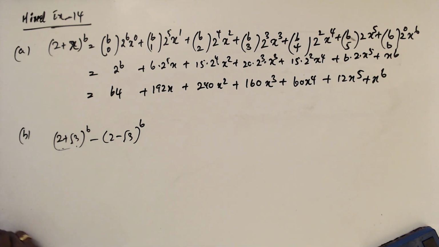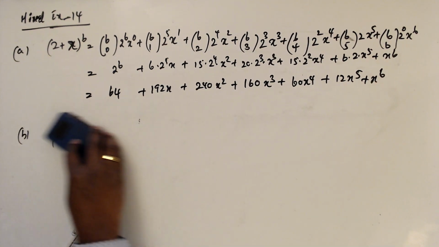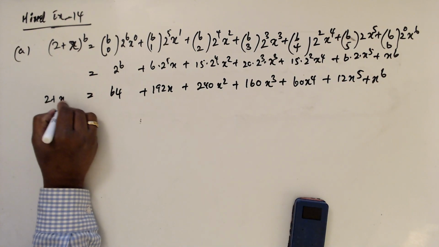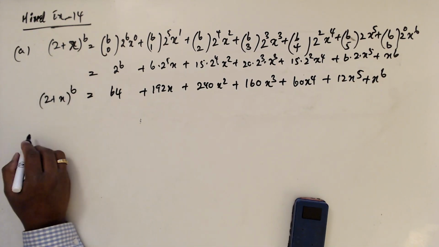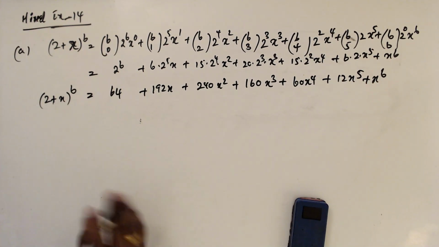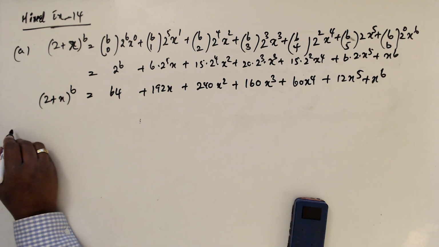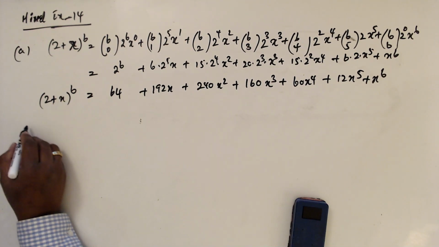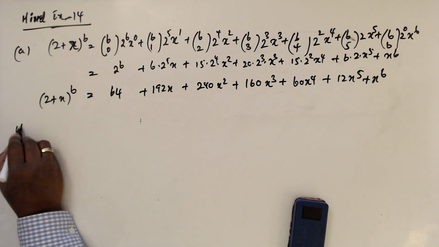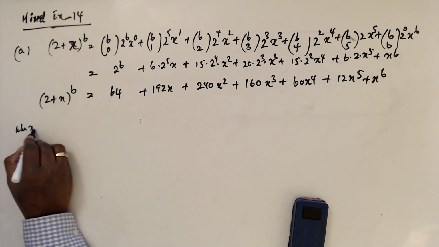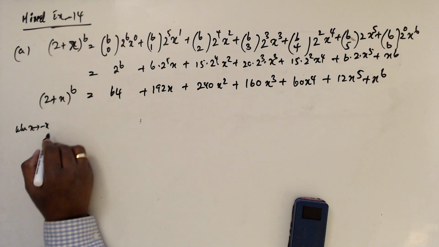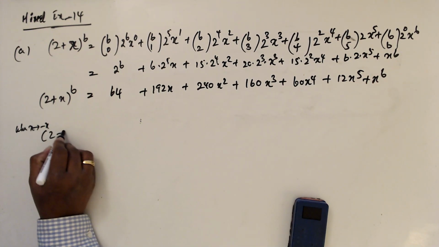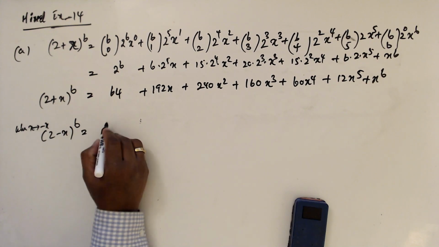That also works. This is (2 + x)^6. Then instead of plus x, I will replace with minus x. So this is going to be (2 - x)^6.